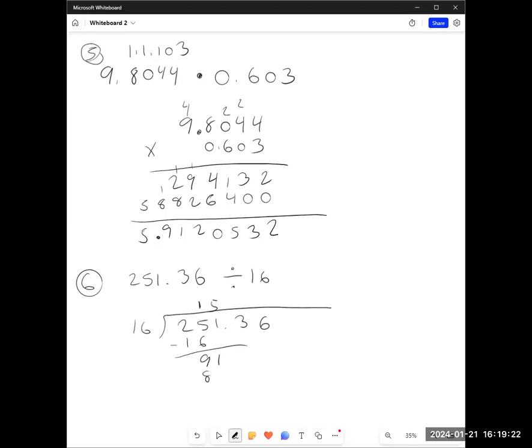It's going to be 80. The difference of 11. Put that decimal point right there and bring down the 3. 7. Is 112. And then that's 16 times 1 is 16. And there's a difference of 0 there. So my answer is going to be 15.71.